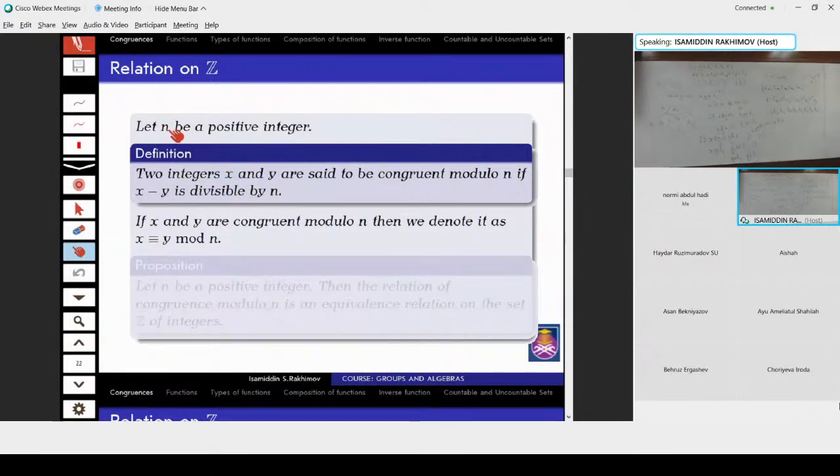If you fix some positive integer n, then two elements x and y from Z are related, and we will call it congruence relation mod n, if their difference is divisible by n. That relation is given a specific notation.